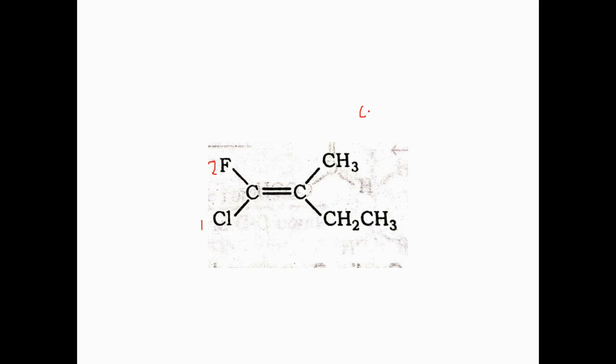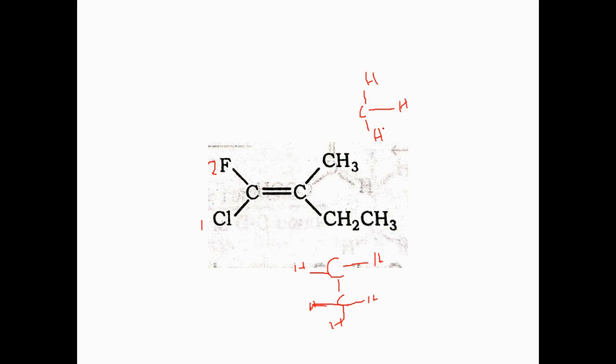Here the carbon is connected with three hydrogen atoms because it is CH3, whereas this carbon is connected with two hydrogens and one CH3. This is the case of the lower carbon atom.